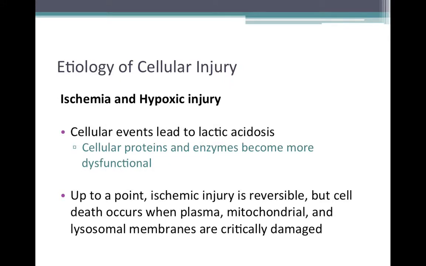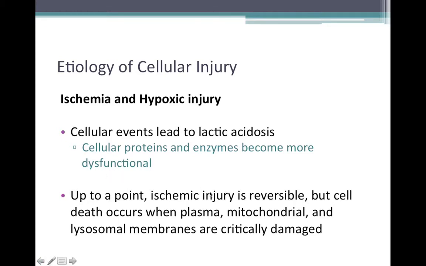Now, what happens is that if lactic acid does build up in the tissue, that can lead to lactic acidosis. Because lactic acid's an acid, that can lead to further damage of proteins and other molecules in that tissue, so that these enzymes can become more dysfunctional, and that can lead to further tissue damage.